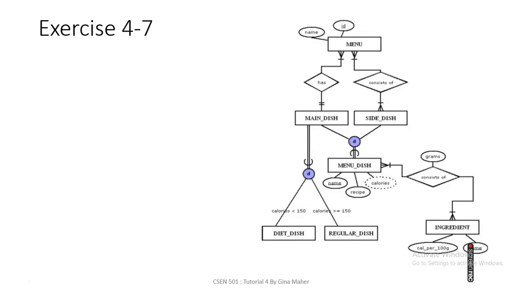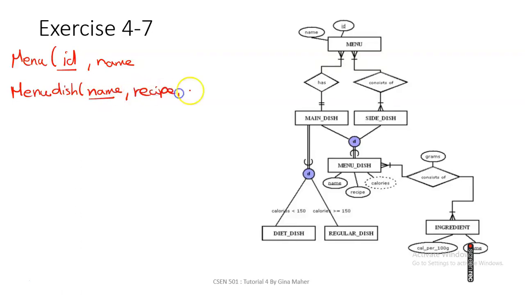Let's start with the entities. First we have menu, so we are going to write here menu with primary key ID and name. Next we have menu dish, where the primary key is the name, and we have a recipe and calories, where calories is a derived attribute.